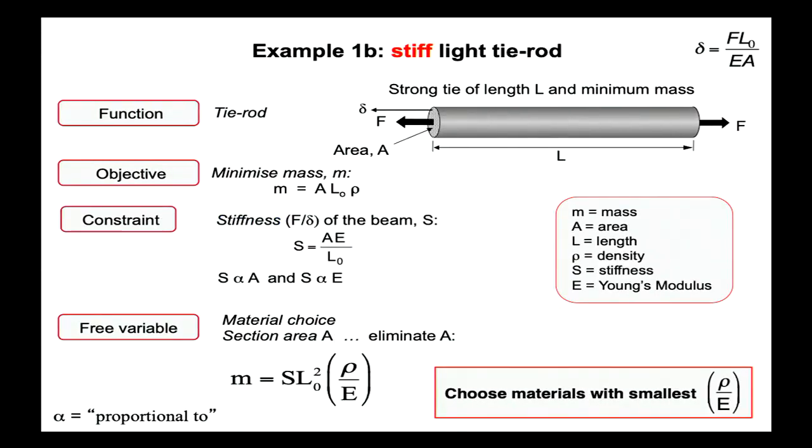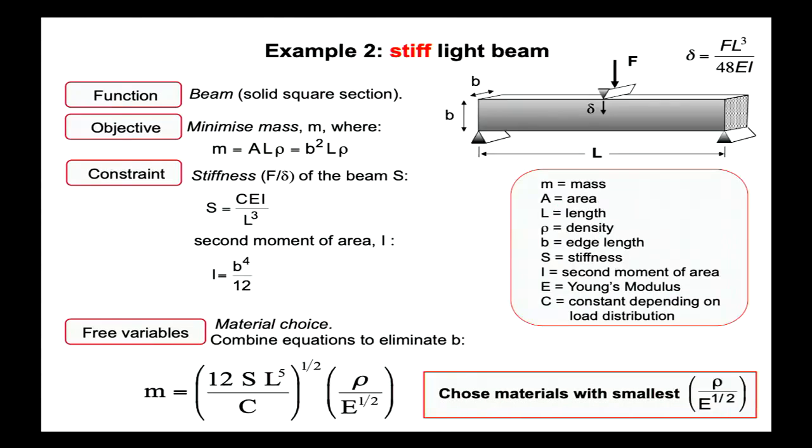We've got to a nice point. The very first thing I talked about, stiffness relative to strength and stiffness relative to stiffness. And after all that time, we've got this simple little inequality that we can play around with. The same process occurs for beams, stiff light beam, same essential process, cut out all the constants, and we get to density divided by Young's modulus to the power of a half, which is a little bit more interesting.